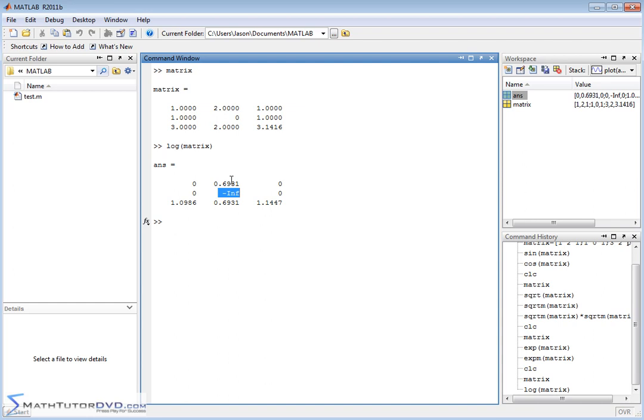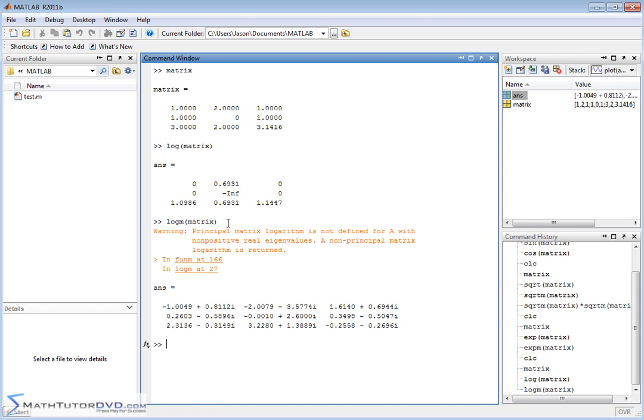But if you have a need to calculate the log of this matrix, not element by element, but as a mathematical entity, there's a definition for that that mathematicians have figured out. Then you have another function called logm. That's the matrix logarithm. And it's giving you a warning, letting you know some things about eigenvalues.